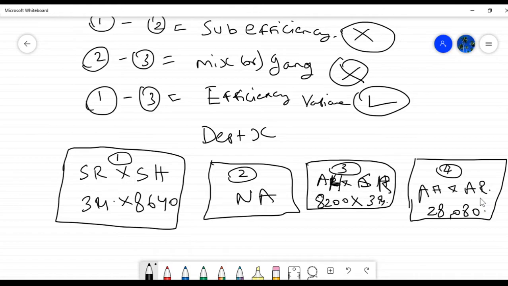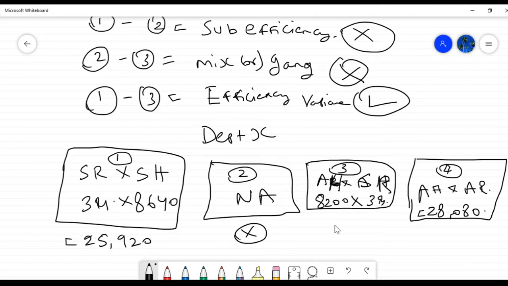So now what is the answer for the first? 8,640 into 3 rupees is 25,920. Second is nil. Third, 8,200 into 3 is 24,600, and the fourth is 28,080.